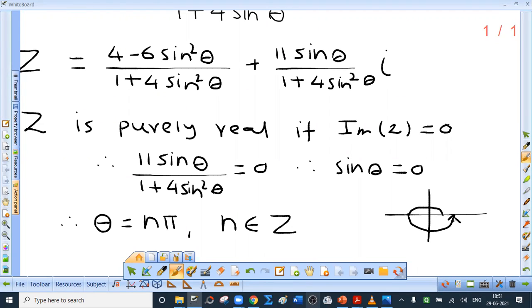So for the angles, let me explain. For the angles 0 degree or 0 radian, pi radian, 2 pi radian, 3 pi radian, 4 pi radian, the sine ratio is equal to 0. Now how to write this in short? I can say sine theta equal to 0. So theta is n pi.